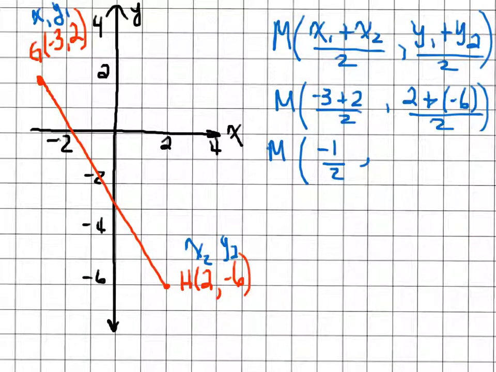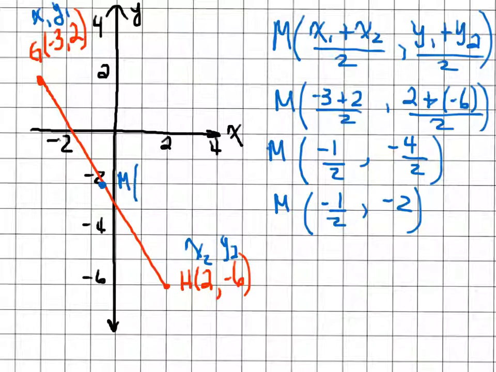And 2 plus negative 6 is negative 4 over 2. So I have negative 1/2. That's as reduced as it gets. And negative 2. So if I look at my coordinate grid, I did not do a bad job with my straight line. And there we go. We have the midpoint is negative 1/2, negative 2.